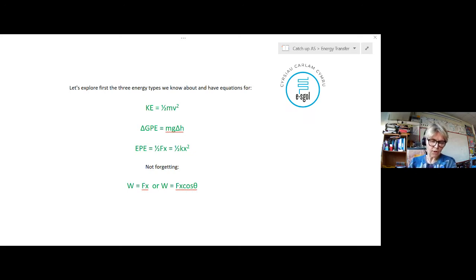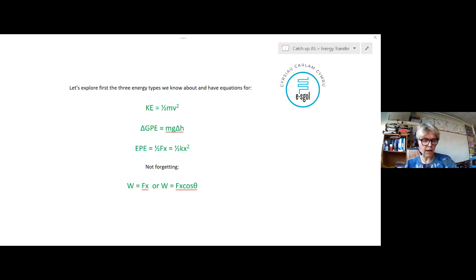Elastic potential energy has two equations you might recognise: half Fx, half force times distance stretched or compressed, or half kx squared, where k is the spring constant and x is either the extension or the compression.